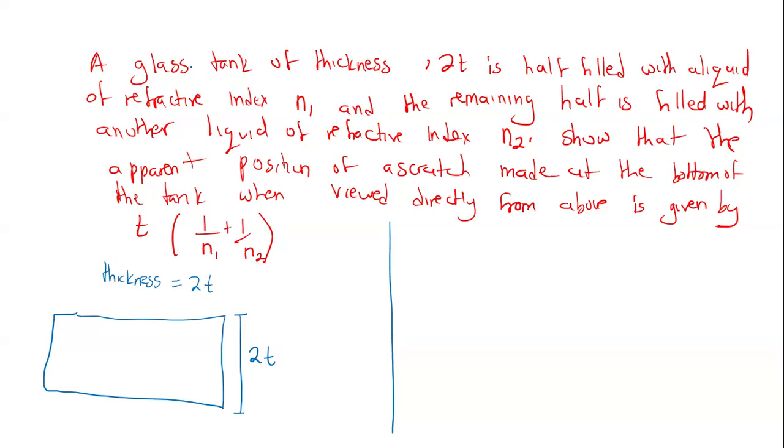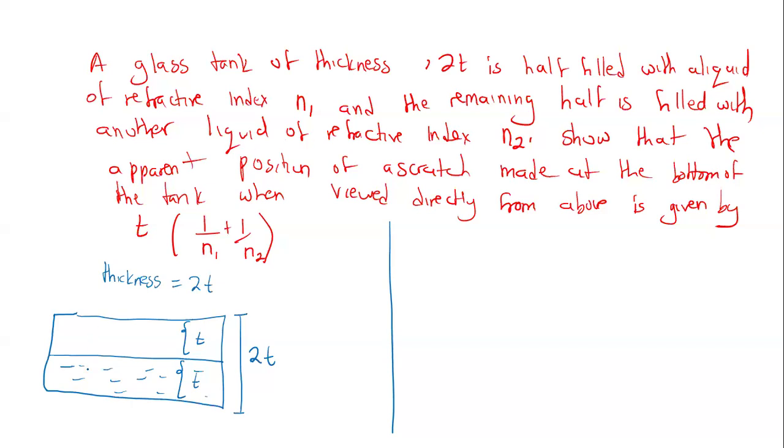Okay, so that's how you had to do it, because they told us that the glass, the thickness is 2T, is half filled with the liquid. Now, half filled is like I've filled a half of it. The distance from here up to here is T, and here up to here is also T, because it is half filled. So that's where you have the liquid, and the other part will remain.